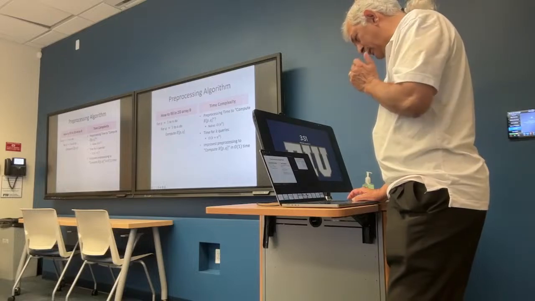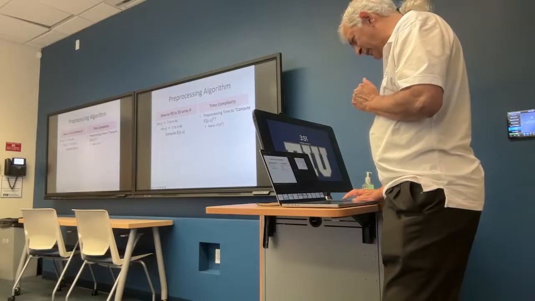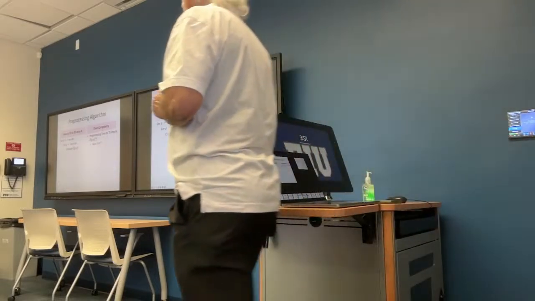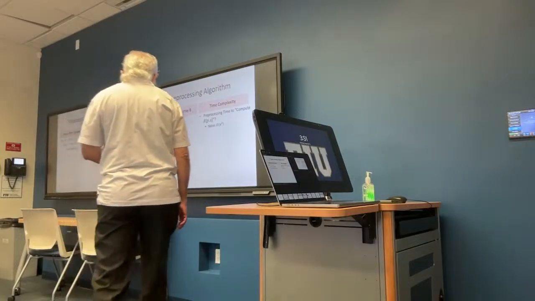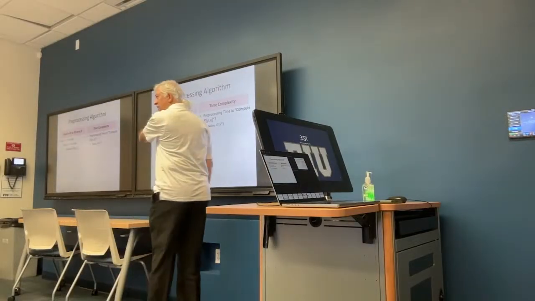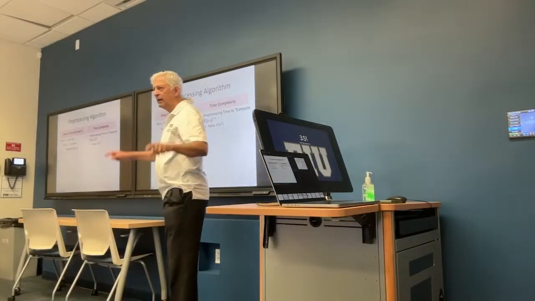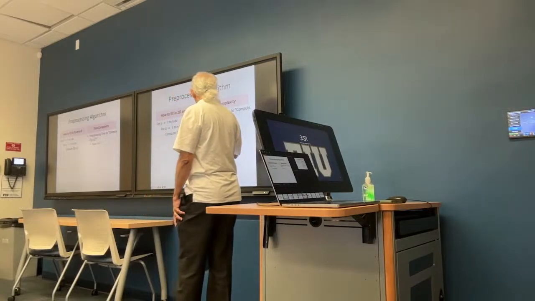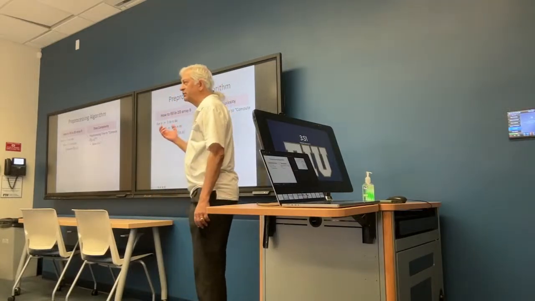We should be talking a little bit about pre-processing, and it turns out that in order to pre-process, remember we have to create this two-dimensional array, right? And that two-dimensional array can be quite expensive to compute.